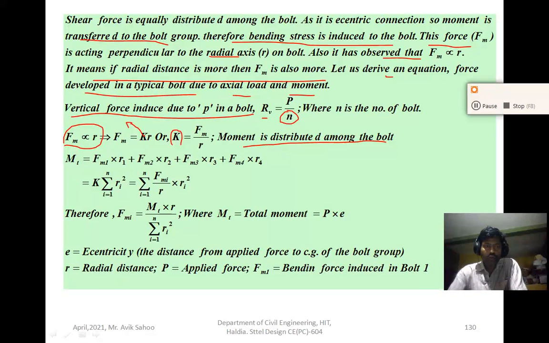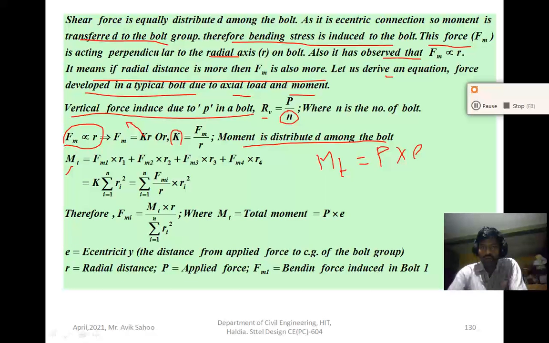So the total applied moment Mt is equal to P into E. This is the total moment applied.